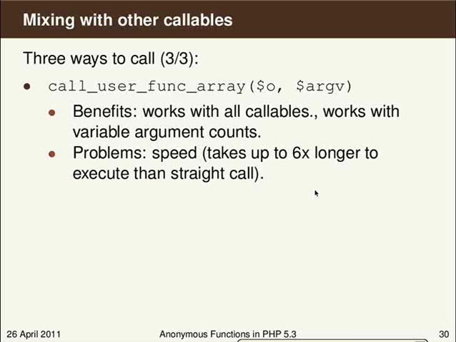You may be able to mix and match. One of the things I've done is using a switch statement to see how many arguments I have, and up to like 3 or 4 arguments, building out the actual calls so that it can be relatively fast. And then after that saying, okay, I've got too many to deal with, I'm just going to call_user_func_array. So that's something else to think about.